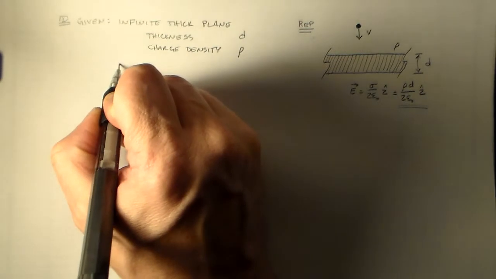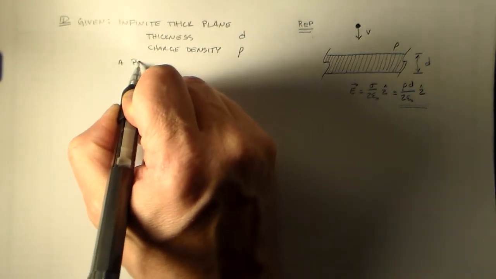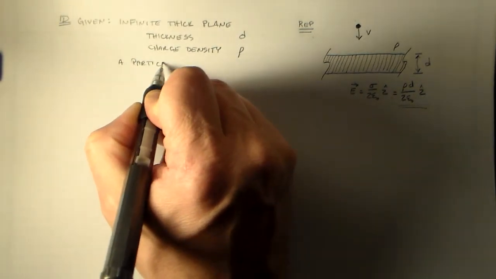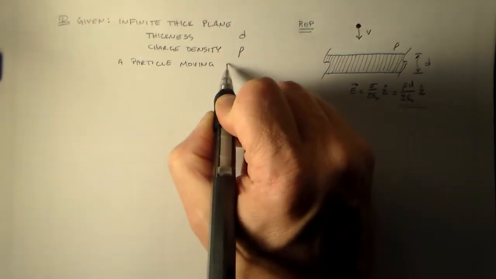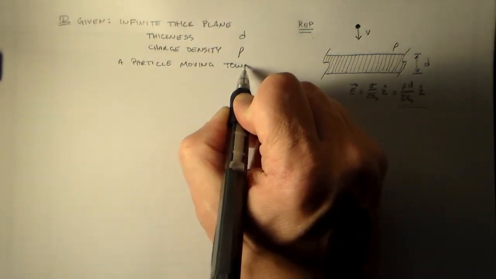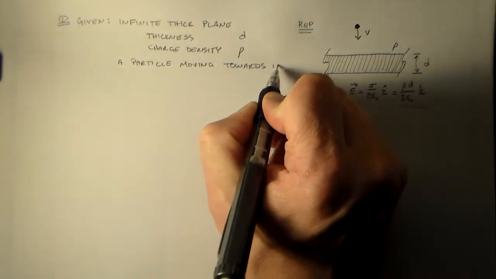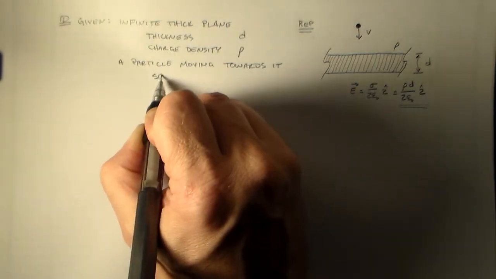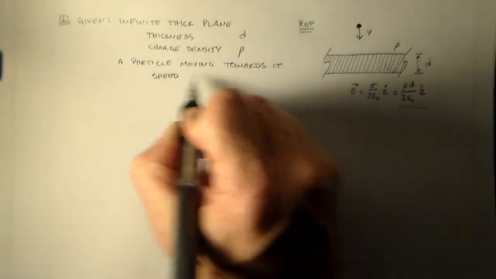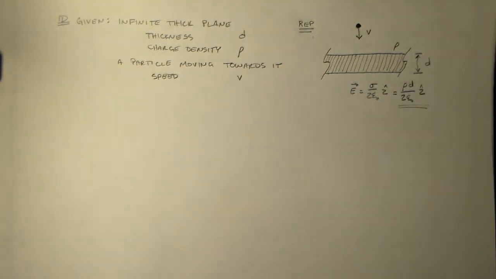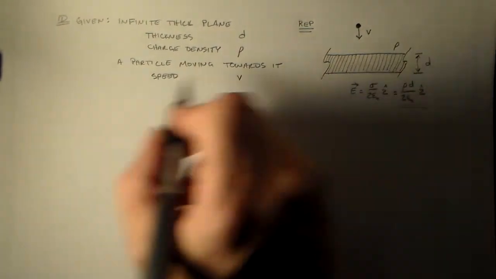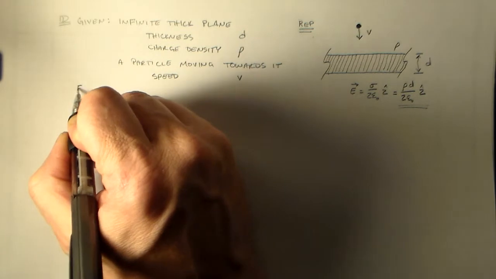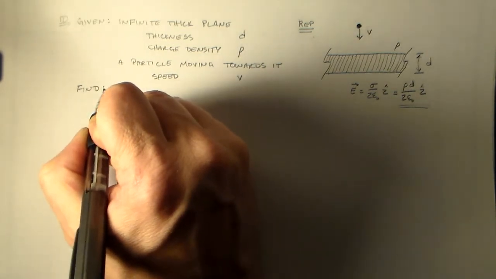And let's see, we have a particle moving towards it. It's directly towards it with a speed v. And that's all we really need to know. So that's all we need to know to find the field seen by the particle.